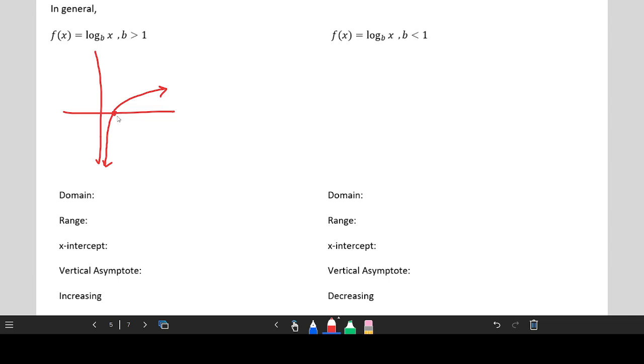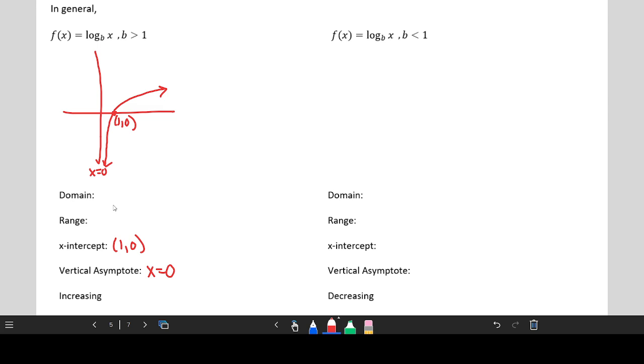We had this point (1, 0) that they both had in common because the exponential had a common point for any base as well. So we have this common x-intercept. We had a vertical asymptote of x equals 0 because the graph approaches the y-axis. It's increasing from left to right.